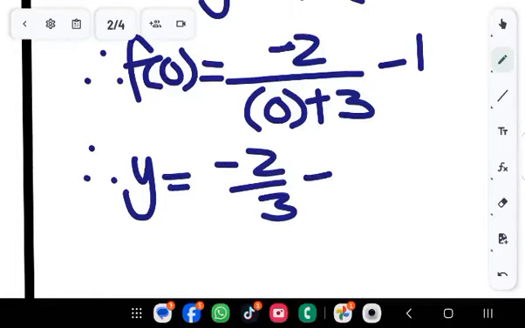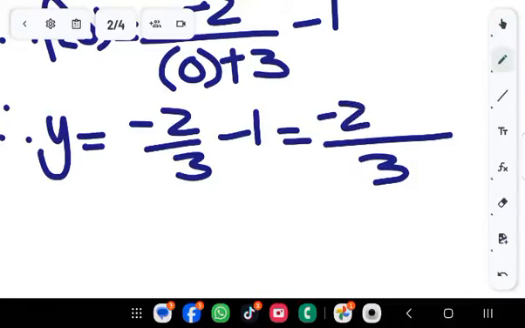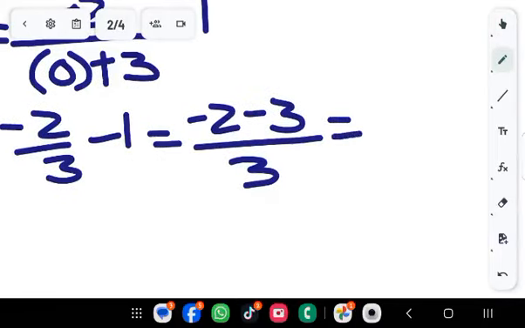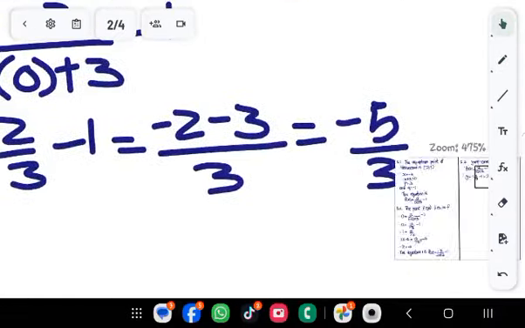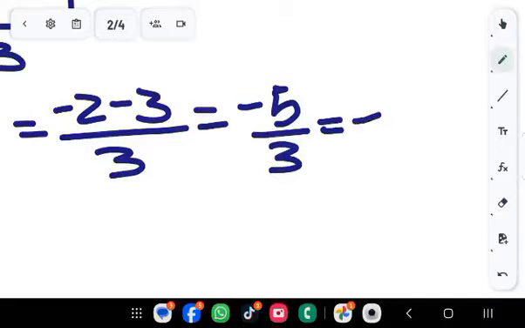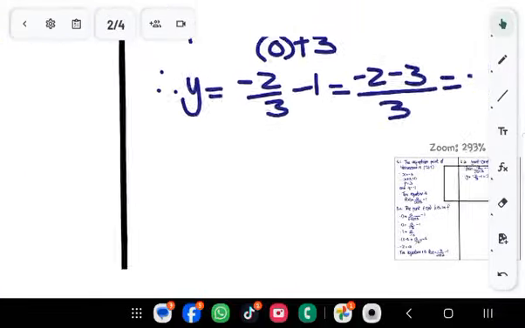negative 2 over 3, minus 1, which is equal to, using the lowest common denominator, (-2 minus 3) over 3. That gives us minus 5 over 3, which is negative 1 and 2/3. I didn't have to do all that, but I just wanted you to see this in all versions.